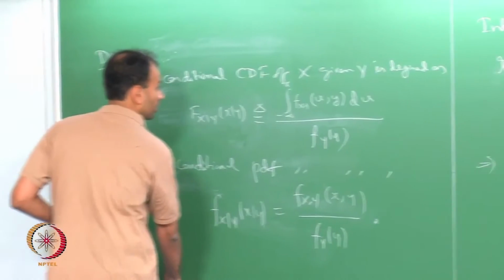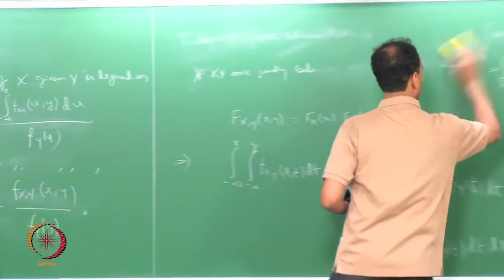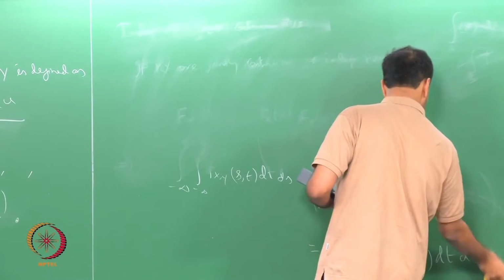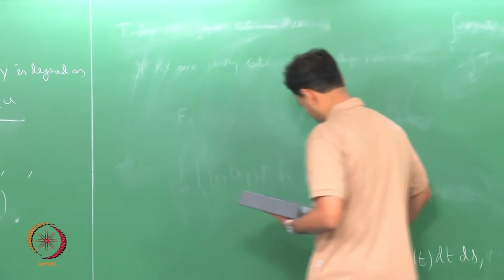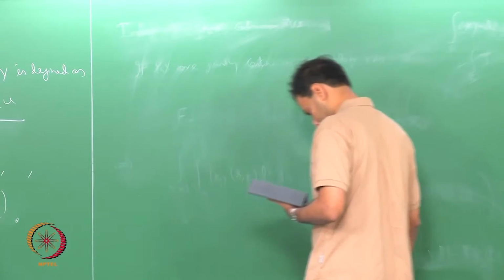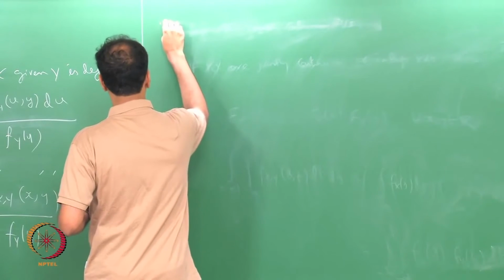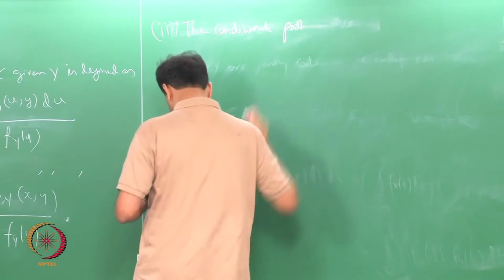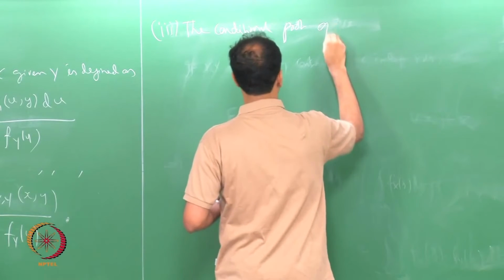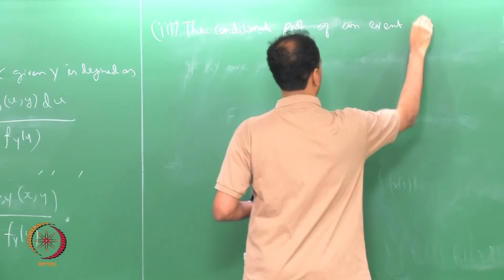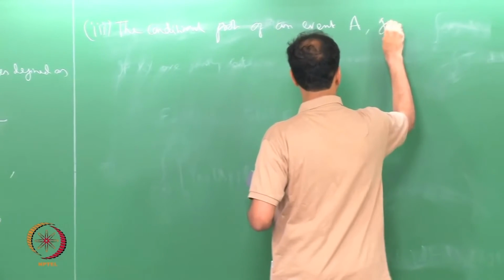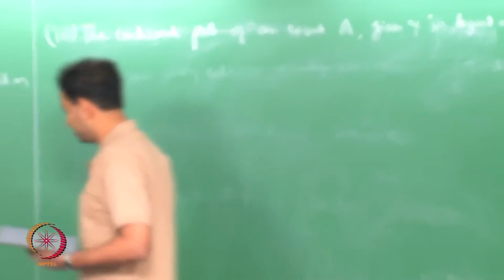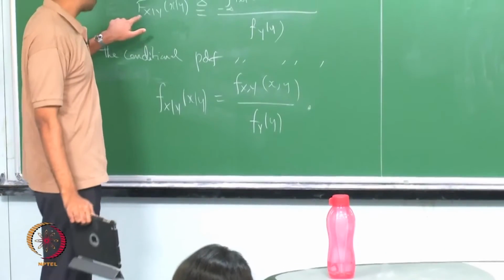Then finally, I will just make one more definition. The conditional probability of an event A given y is defined as, see so far I have defined the joint CDF, right.